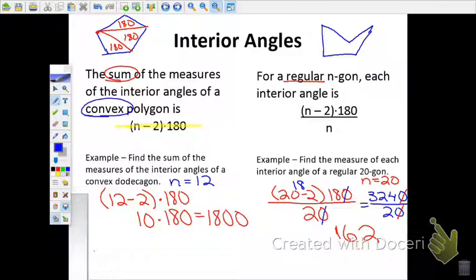We're looking for each individual angle in a regular polygon. Then we just take that sum and divide it by the number of sides. So again, key thing as you work these in your workbook is you're going to be writing this original equation down, plugging the numbers in, and then doing those calculations.